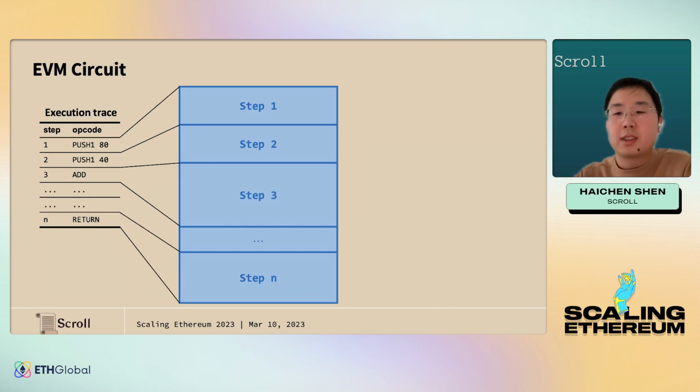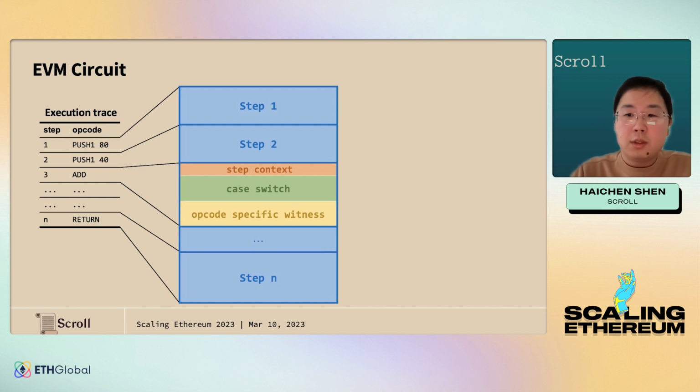So it's a one-to-one mapping to the steps, and one step corresponds to any opcode you are executing inside the execution trace. Each step inside the circuit will have a slightly different height due to the complexity of different opcodes. For example, the multiply opcode from the EVM may be more complicated than an add opcode, so it may take more rows and more resources in the circuit to prove the correctness of that opcode.